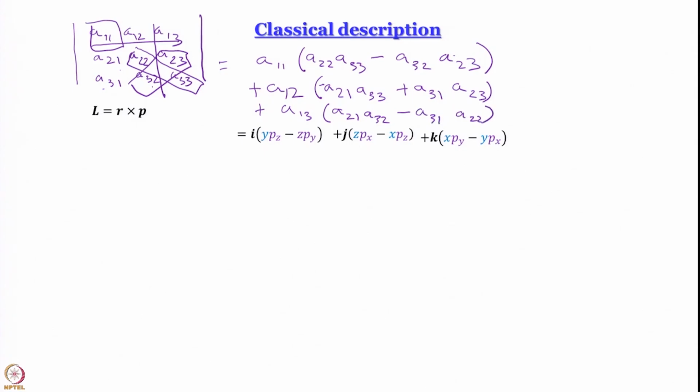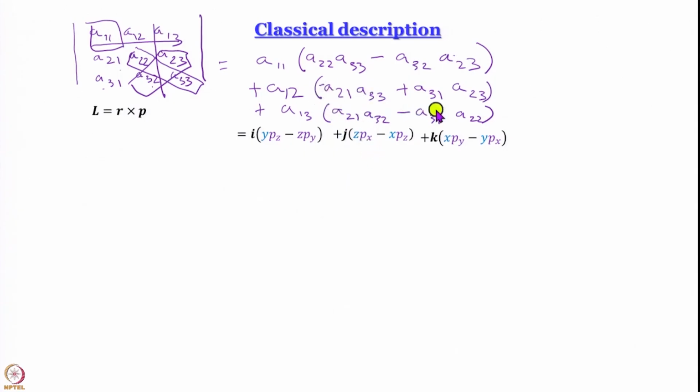Okay. So, this is how the determinant is written, and if you now compare what I have written here by hand with what I have here, you can correlate, right. A11 in this case is i, A22 is y, A33 is pz, A32 is z, A23 is py, A12 is j, A21 is z, A33 is px.